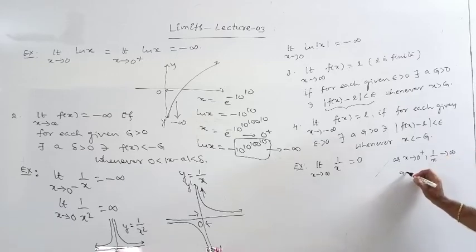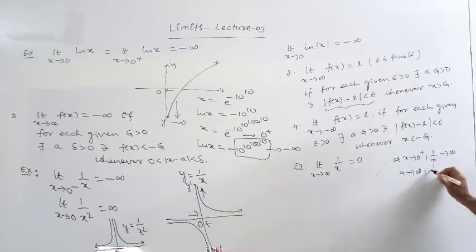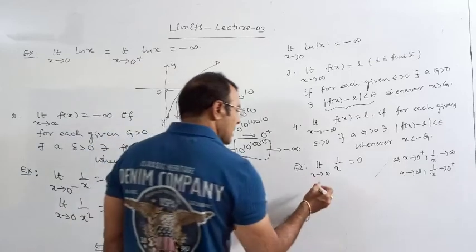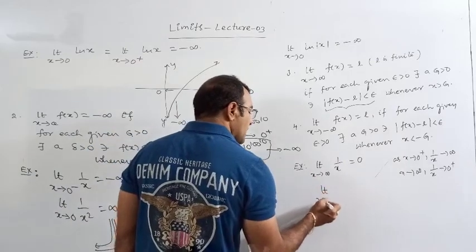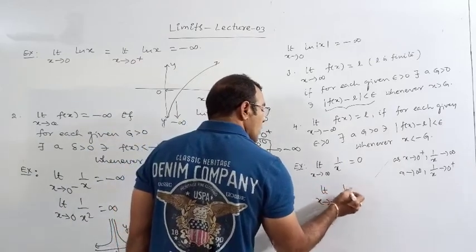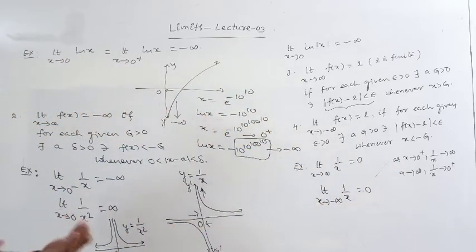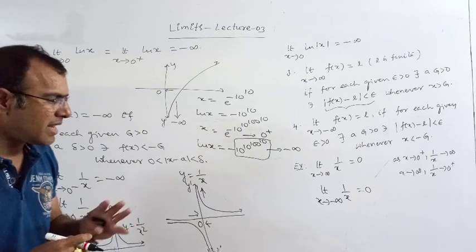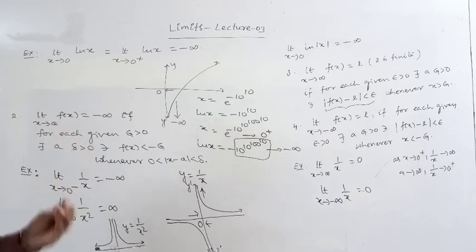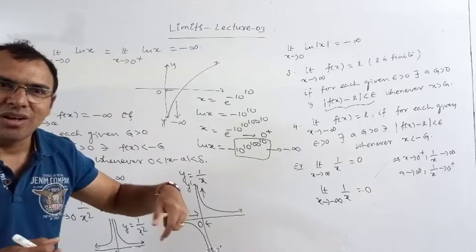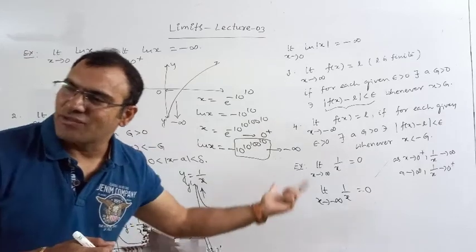As x tends to infinity, 1 by x tends to, of course, particularly 0 plus. Similarly, limit x tends to minus infinity of 1 by x, again you can write 0. Whether x tends to infinity or minus infinity, in both cases 1 by x tends to 0. But one approaches the right side of 0, the other approaches the left side of 0.